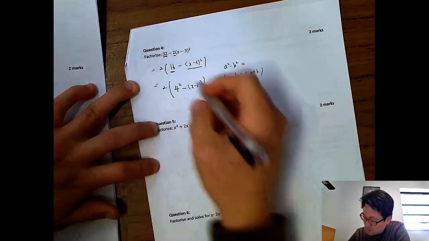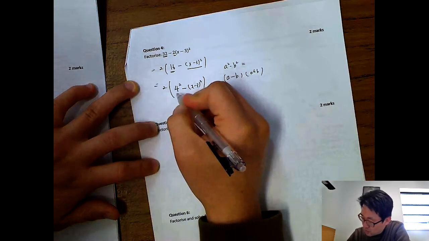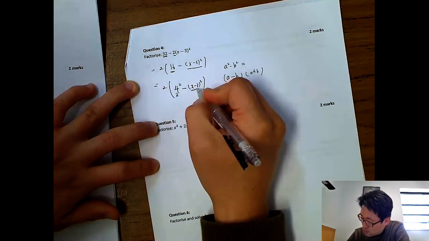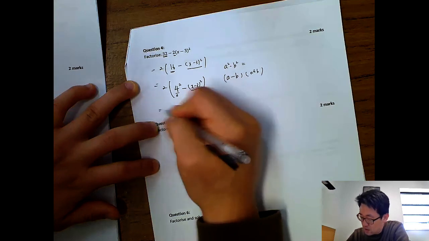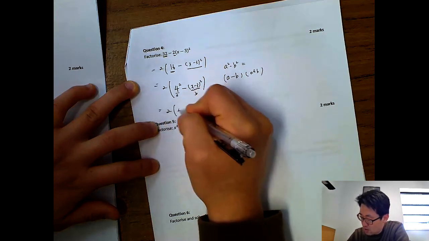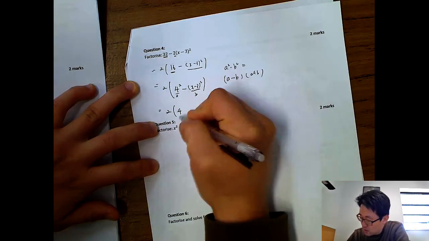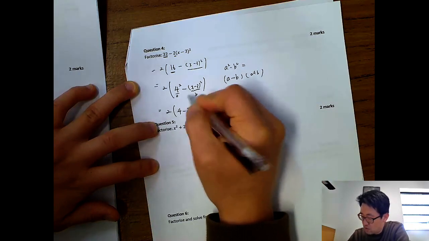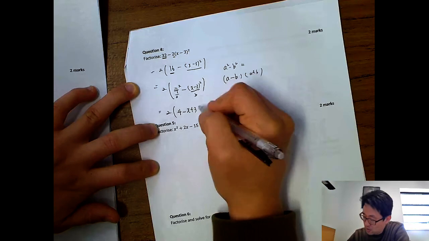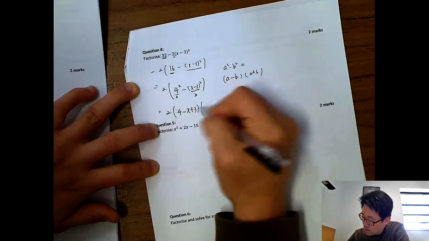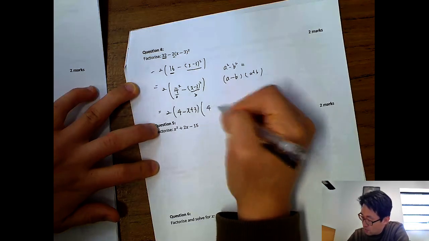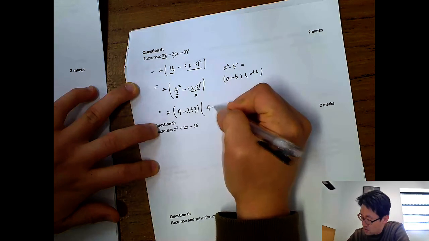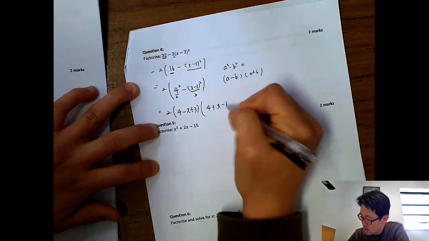In this case, a is 4, b is x minus 3. So 2 times 4 minus b, minus x plus 3. Make sure you put the negative on both. And 4 plus x minus 3.